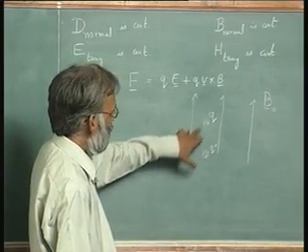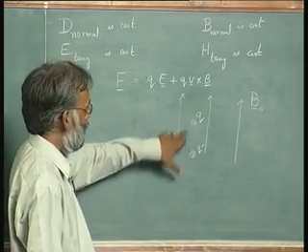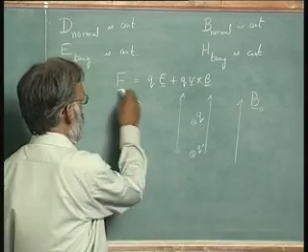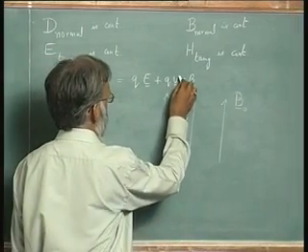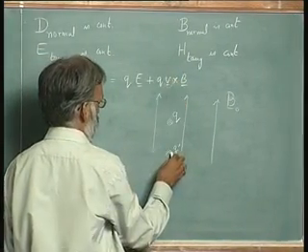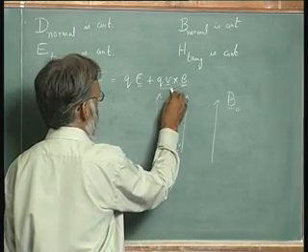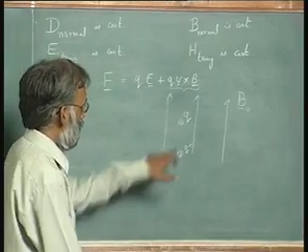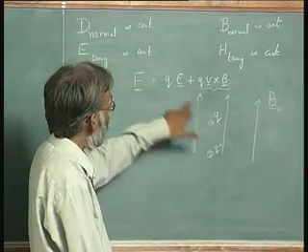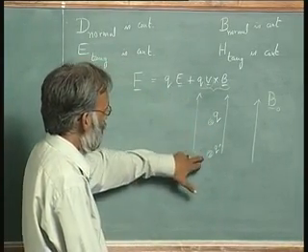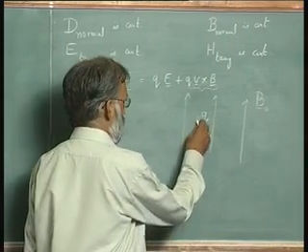Now, these charges are at rest. Because they are at rest, if you look at the force equation, the force on charge q is 0 because of the magnetic field, because the charge q is not moving, but it is non-zero because of the electric field.